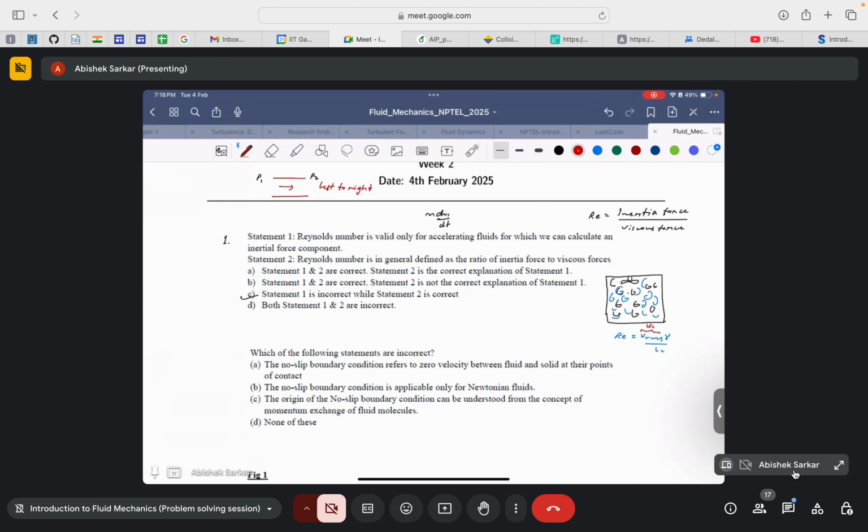I'm again sorry, I think I was correct previously. It would in fact be U_C L_C by nu. The viscous force has to be in the denominator, right? That's what quantifies the Reynolds number.